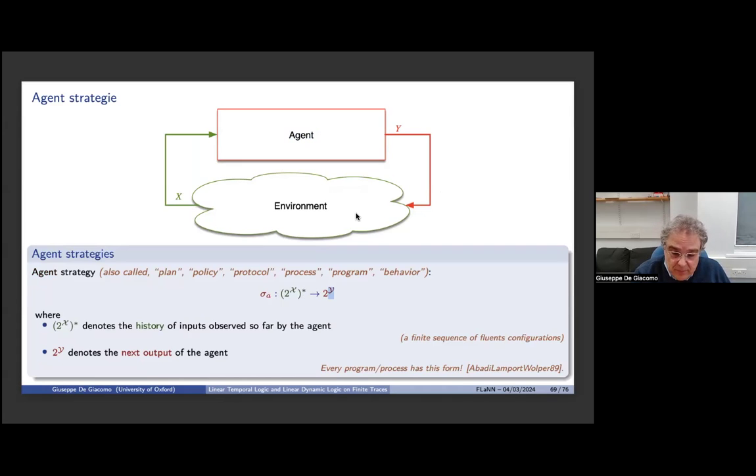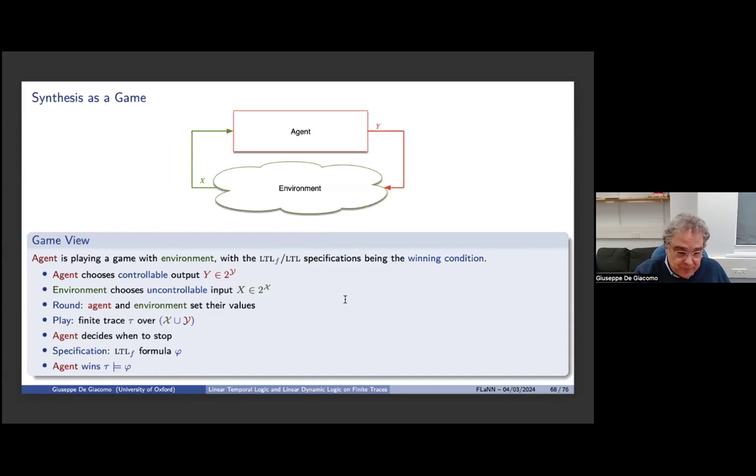Notice that when I write something like this, I'm really talking about an arbitrary form of strategy, essentially any sort of process with the only constraint that you can use as input only the past and not the future, which is a requirement for our processes.